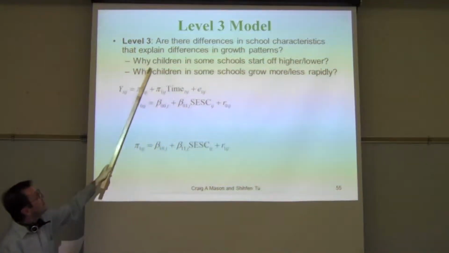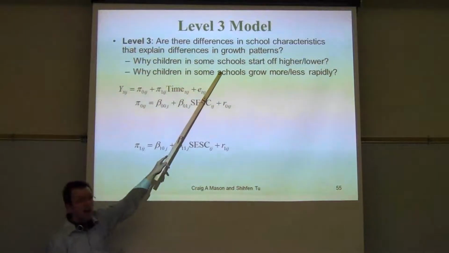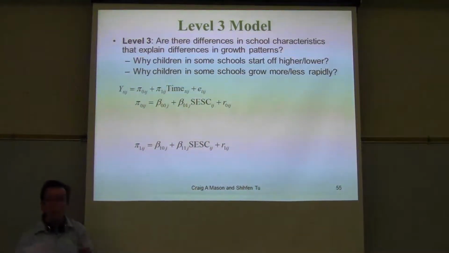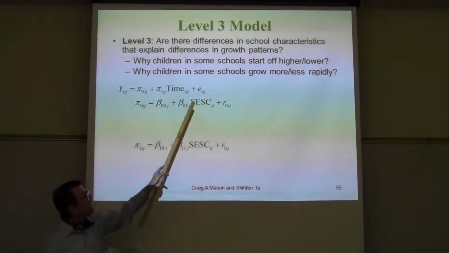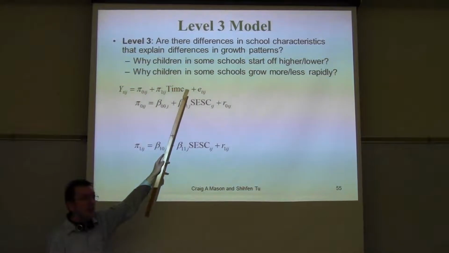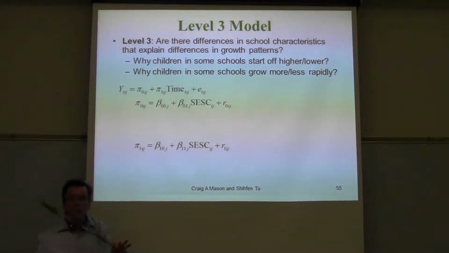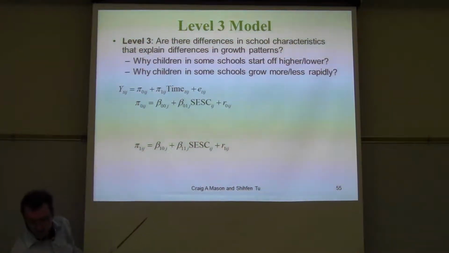And so how does that school-level effect explain why kids may start off higher or lower, or may show more growth or less growth over time? Now, sometimes you may expect that the school-level effect's not going to have an effect. You may think some of these things you wouldn't expect to see a difference, but you could still model them and test whether that's true.